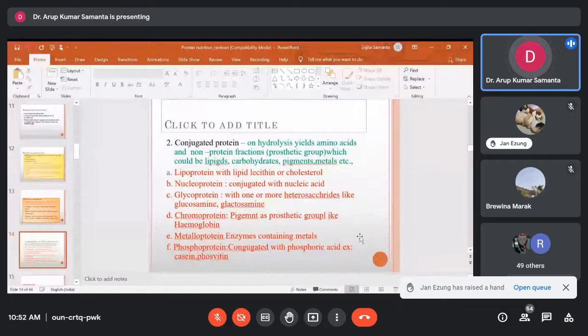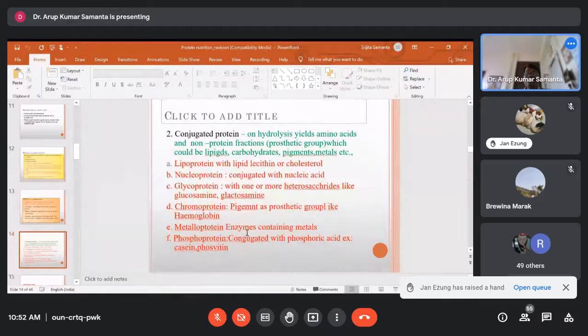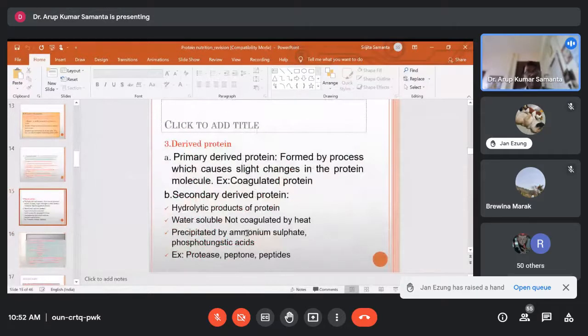Phosphoprotein is conjugated with phosphoric acid, like casein and phosvitin, and lipoprotein with lipid. All these are conjugated proteins, because along with the amino acid fractions there are non-protein fractions known as the prosthetic group. Then another one is the derived protein, which may be primary derived or secondary derived protein.